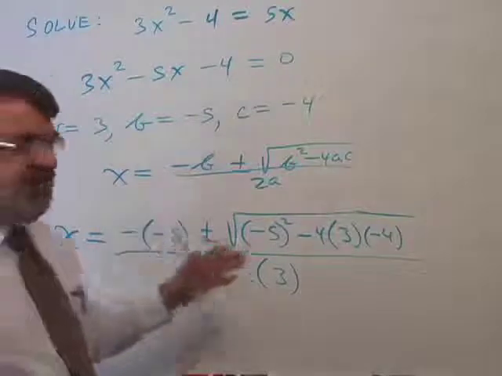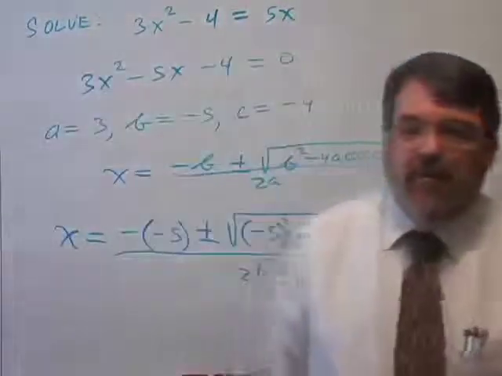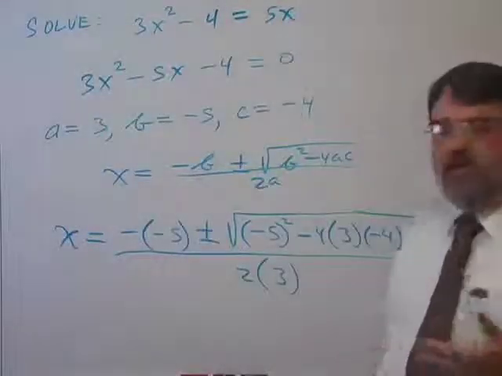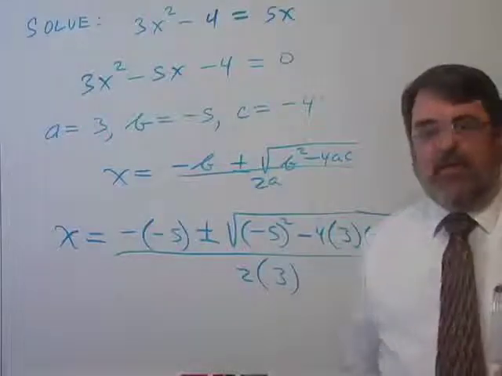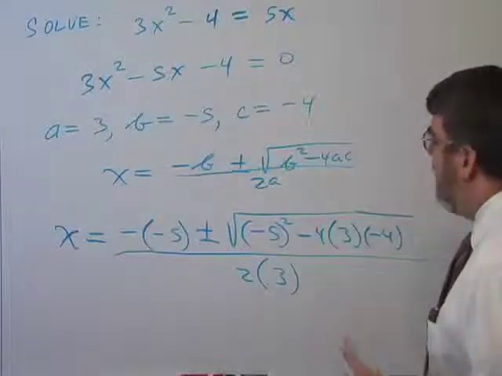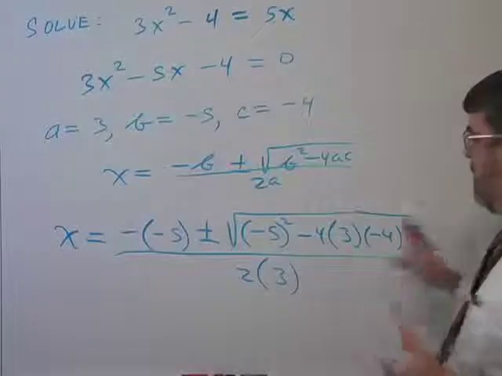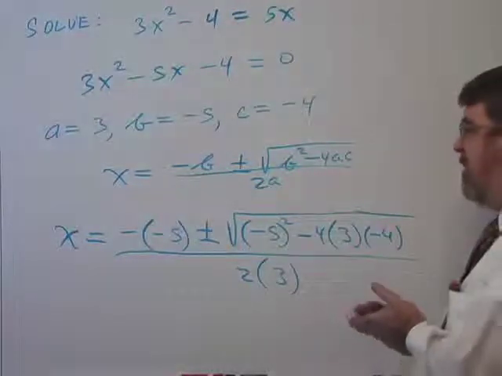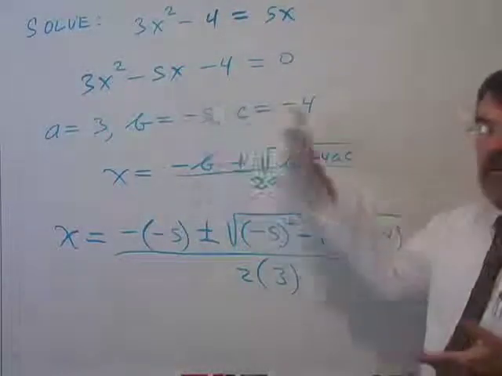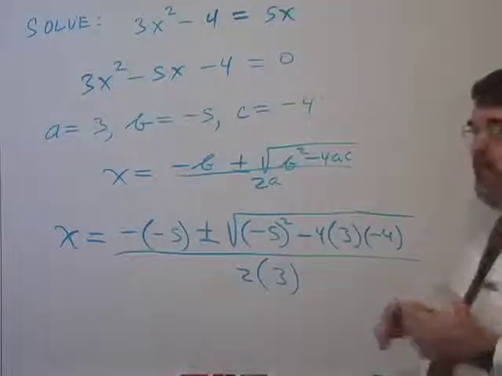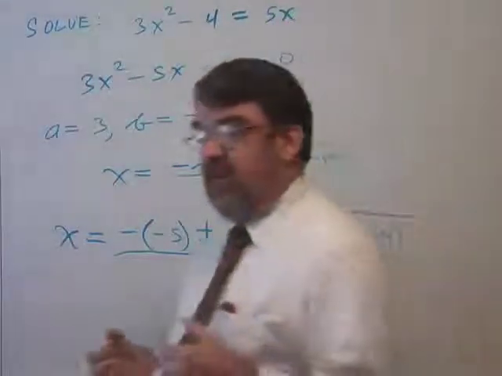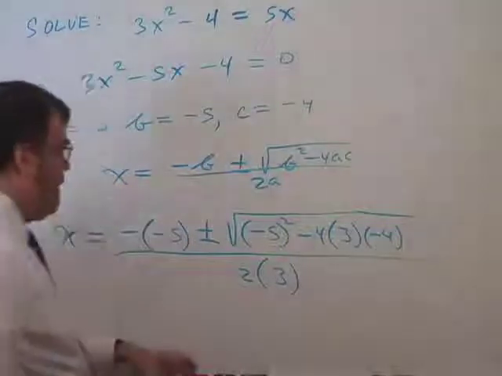The parentheses keep it organized, and help keep you from making screw-ups with negative signs. So don't be lazy about writing parentheses. In fact, I wouldn't be lazy about writing all this stuff out. Again, the more you have in front of your face, the less chance for careless errors.